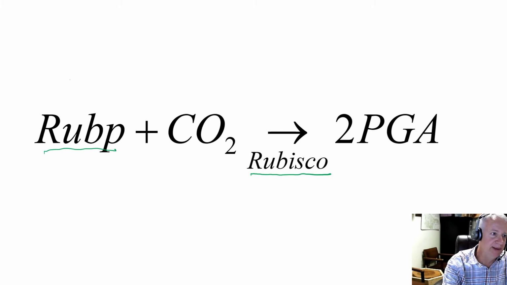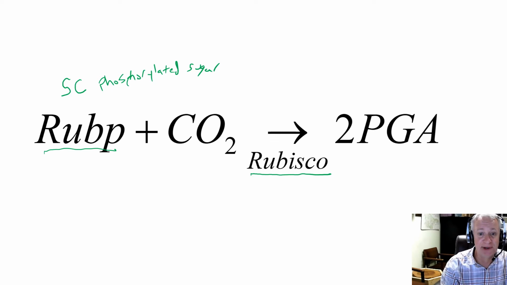And recall, RuBP, I defined that previously as a 5-carbon phosphorylated sugar. So this is an example of a sugar transformation reaction where that 5-carbon RuBP, ribulose bisphosphate, that phosphorylated sugar is transformed into some other form. So this is an example of a phosphorylated sugar transformation that we've already talked about in this class.